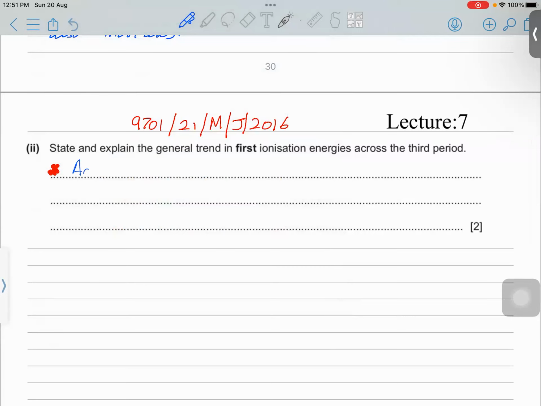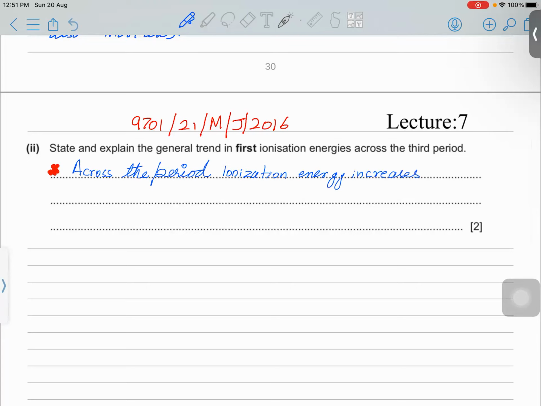Across the period means period 3. Ionization energy increases.